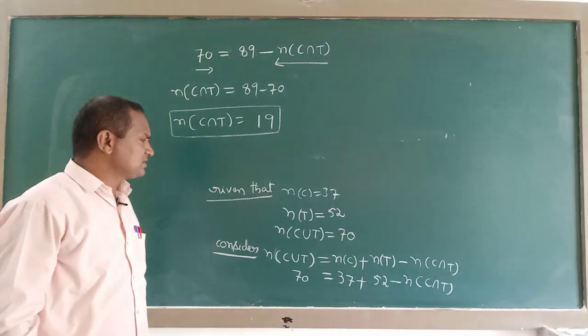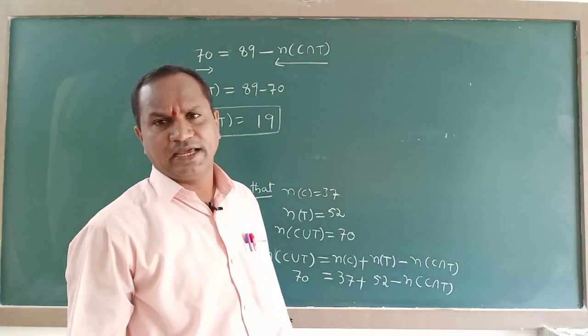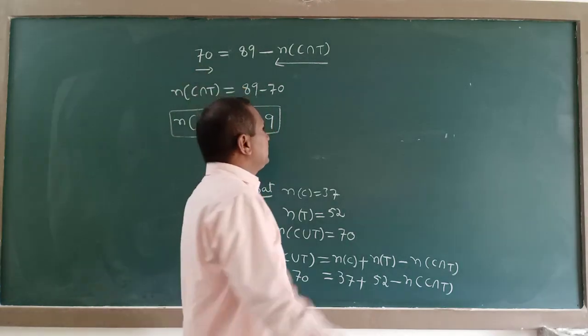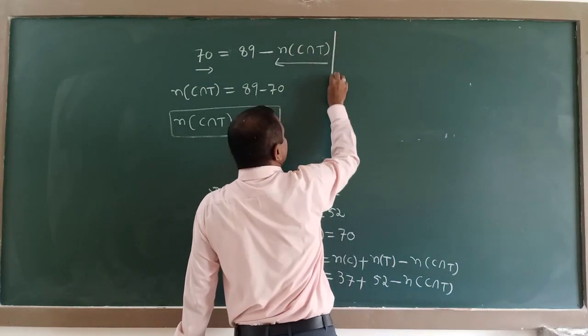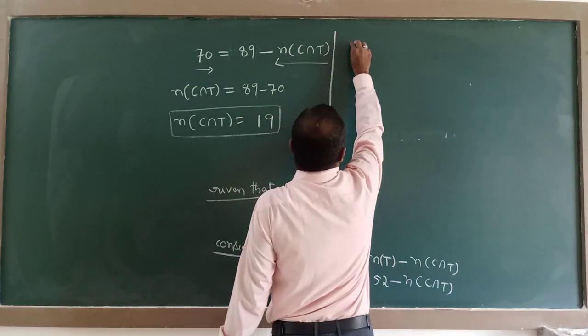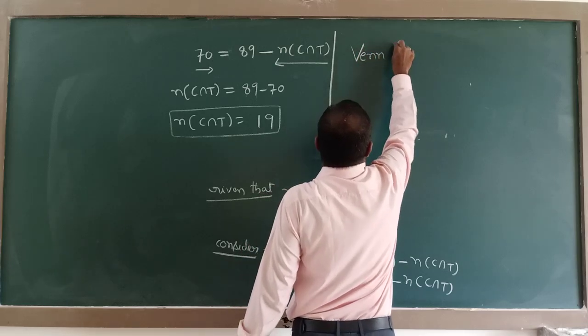And with the help of all these values, we are going to draw the Venn diagram also. Venn diagram means very simple here. At the side of this, I am going to write the Venn diagram.